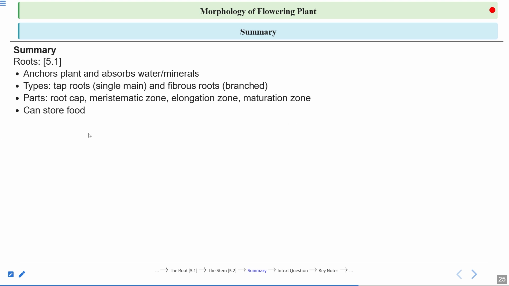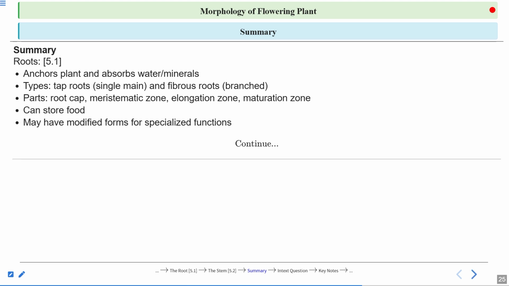And they can store food material. Some of the roots are involved in the storage of food material. They may have modified forms for specialized function. So many of the roots are modified for their specialized function, like pneumatophores. This is one of the very special functions of the pneumatophore type of roots.